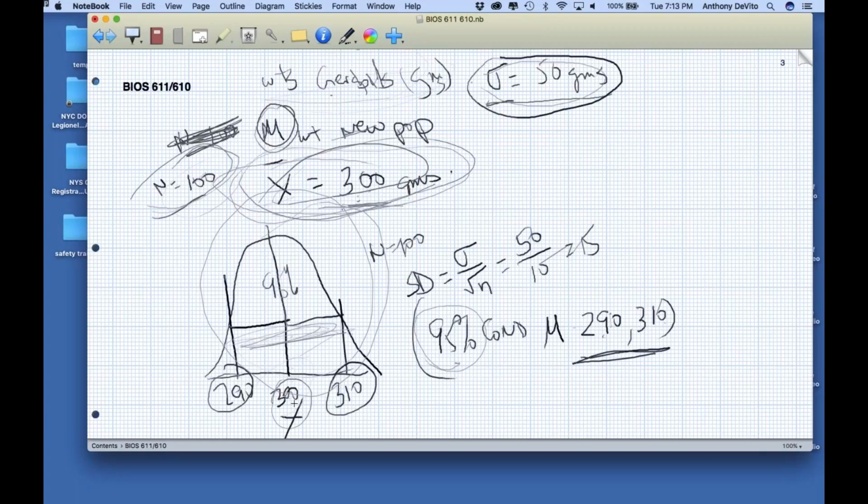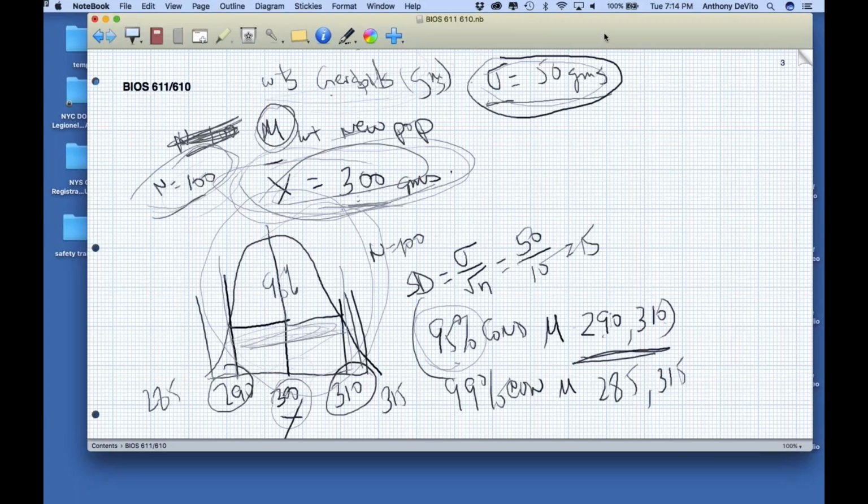Well, wait a second. That's only because I went 2 standard deviations below and 2 standard deviations above, right? What if I went 3 standard deviations above and below? Well, that would be 285 and 315. I could say with 99% confidence that my true population mean is between 285 and 315. Another standard deviation to the left and to the right.